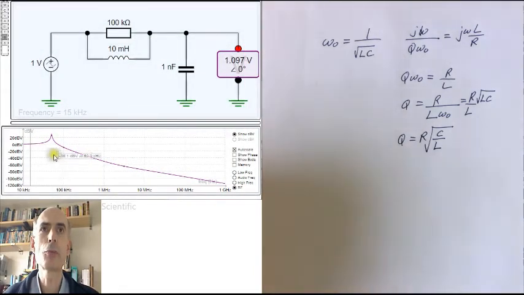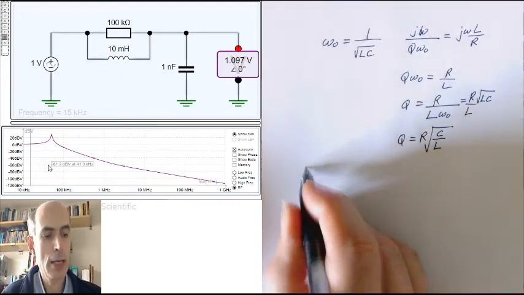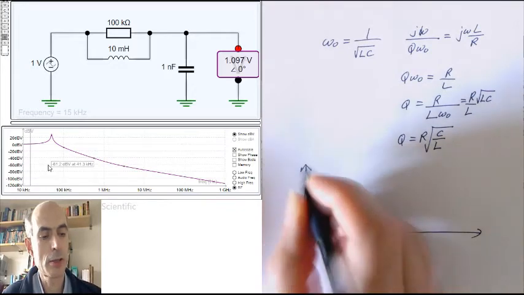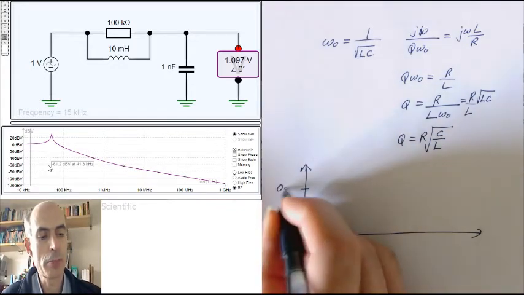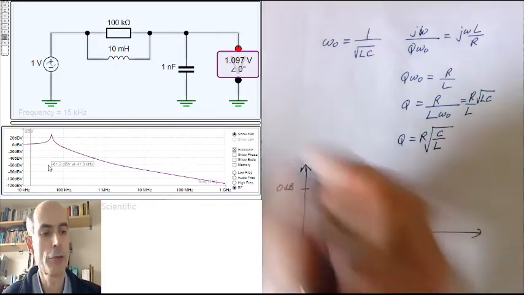And if we simulate this one, we get this response. We've got a low frequency gain of 0 dB. We can get that just by looking at the expression for the frequency response.